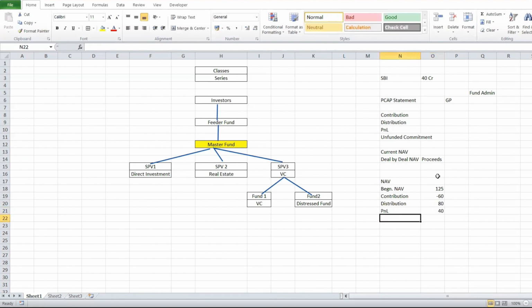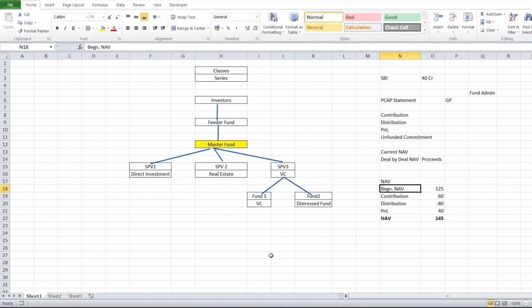So this is how we have to calculate the NAV. This is the basic formula for calculating NAV. So the beginning NAV is 125, contribution is 60, distribution is 80, and PNL is 40, and this 145 is your NAV.